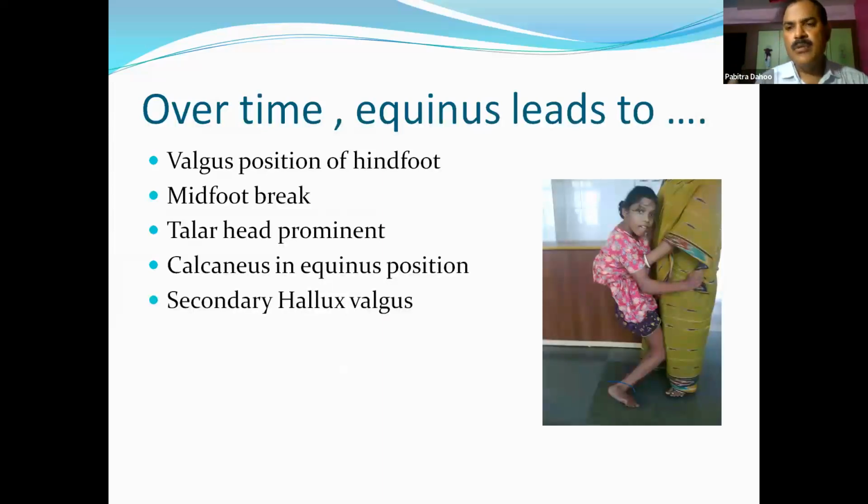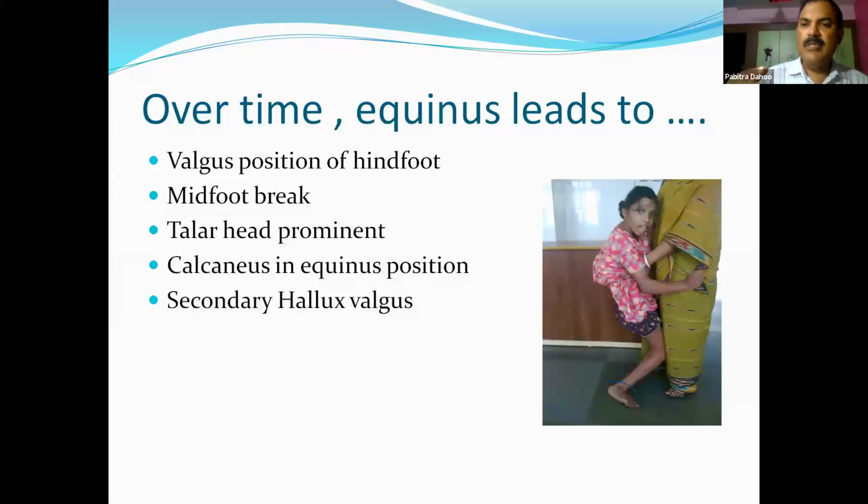Earlier, the survival rate for CP children to 25, 30 years was less. Now, because of our effort, our physiatrist group and rehabilitation effort, the lifespan has increased. So as the age advances, the muscle spasticity increases, muscle shortens, but the bone will grow on its own way. So there will be a relative shortening of the muscles, and that leads to static contracture.